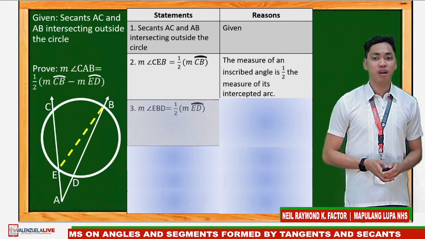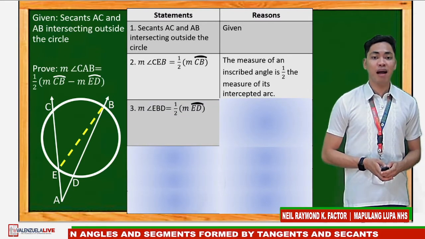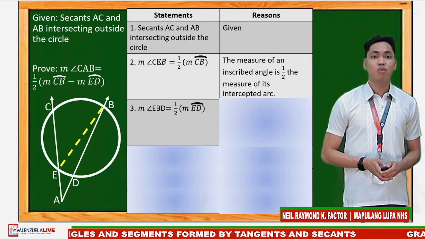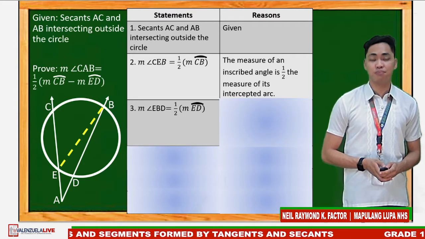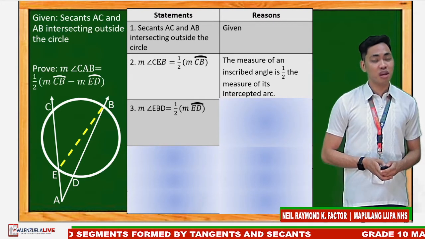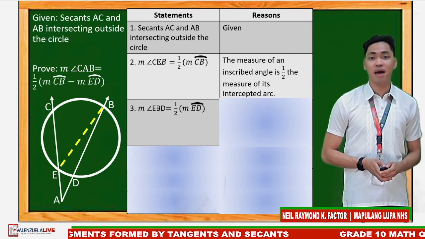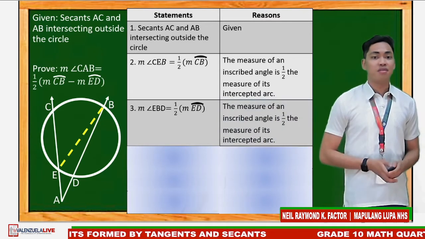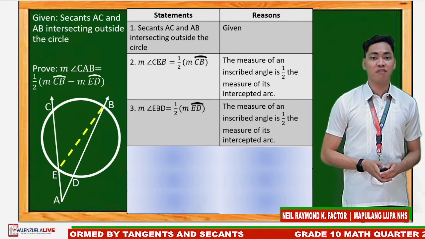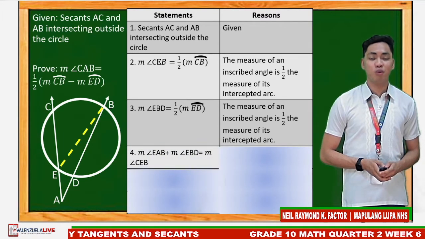Statement number 3. The measure of angle EBD is 1/2 the measure of arc ED. As you can see also, EBD is also an inscribed angle. So we can have this. The measure of an inscribed angle is 1/2 the measure of its intercepted arc. Statement number 4.